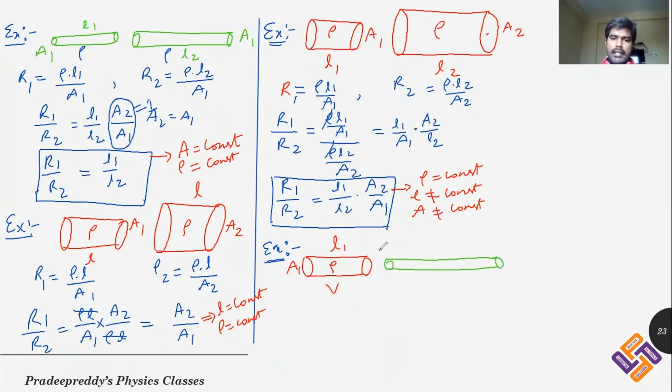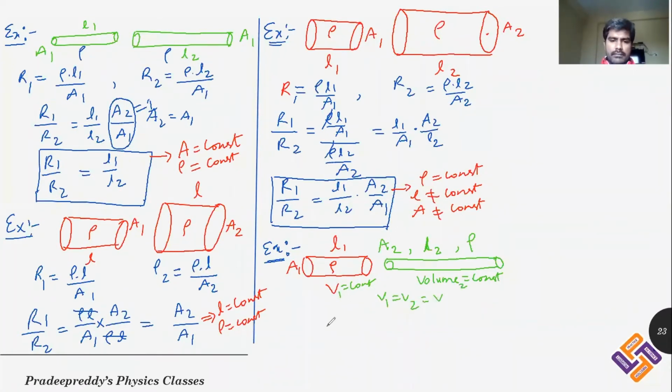Here the area of cross section is A2, length has increased to L2, resistivity of the material is the same, and volume is equal to constant. So that means here it is V1 and here it is V2. V1 is equal to V2, that is equal to V.